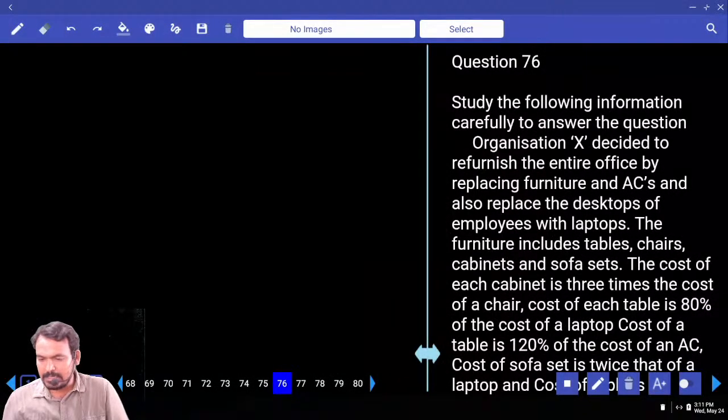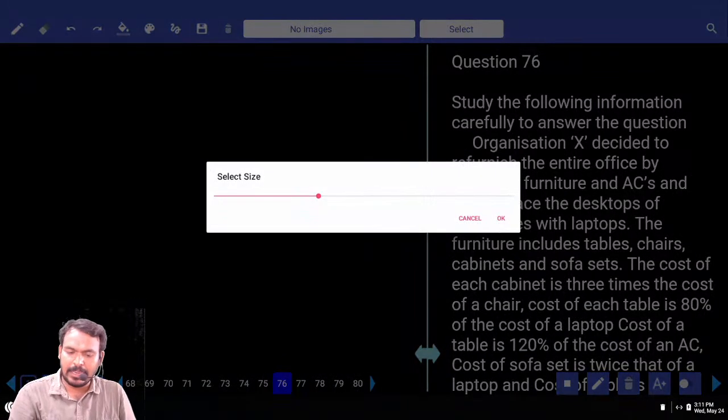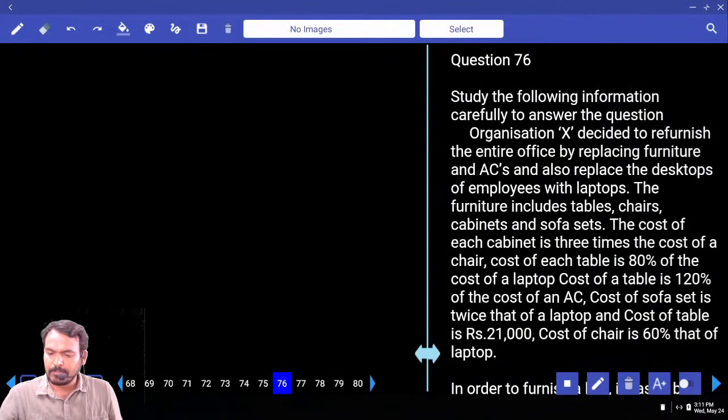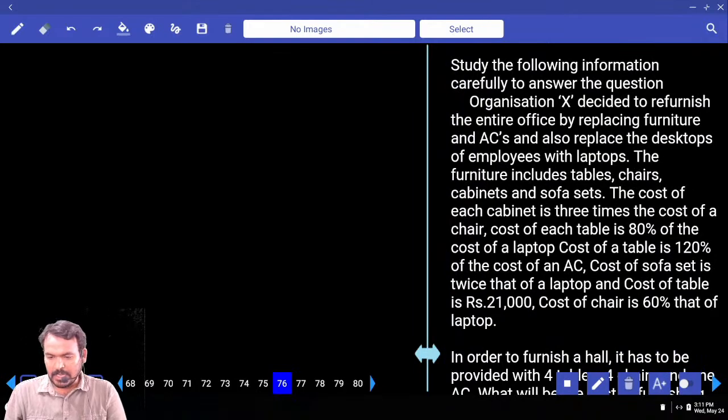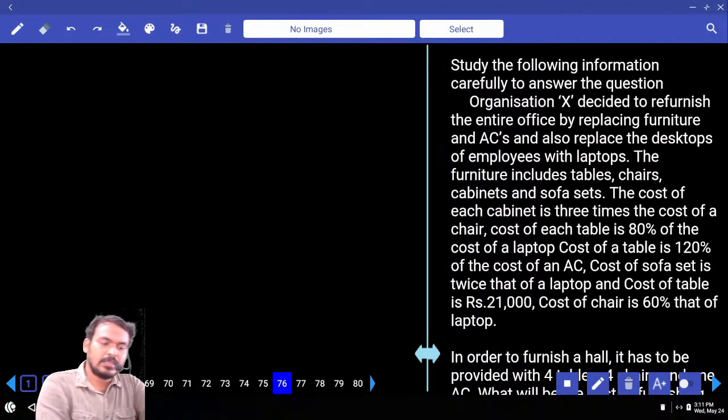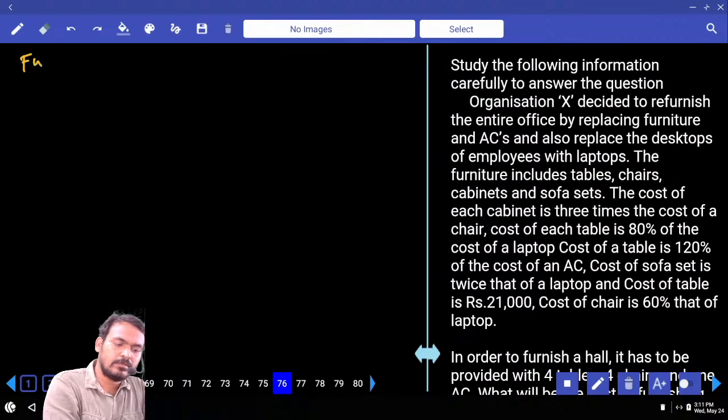Organization X has decided to refurnish the entire office by replacing the furniture and ACs, and also replace the desktops of employees with laptops. The furniture includes tables, chairs, cabinets and sofa sets. Here furniture means which one?